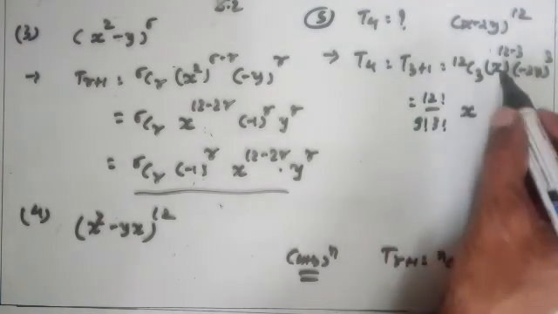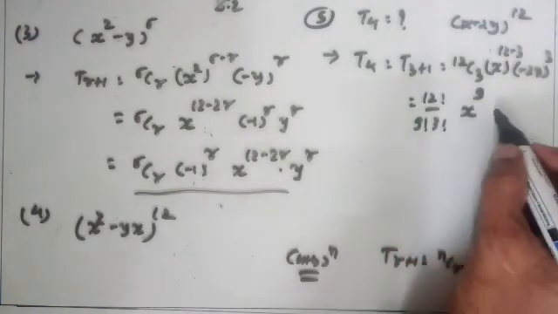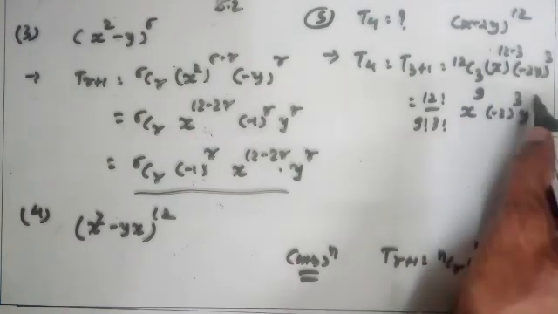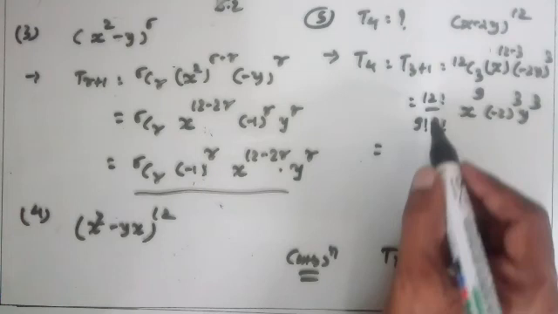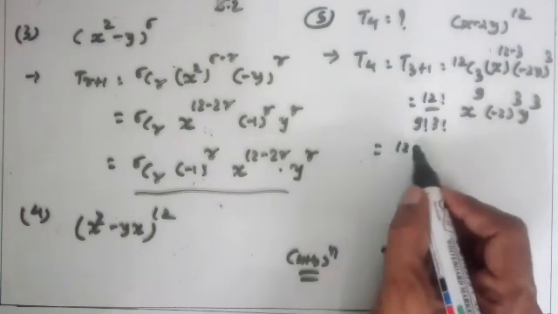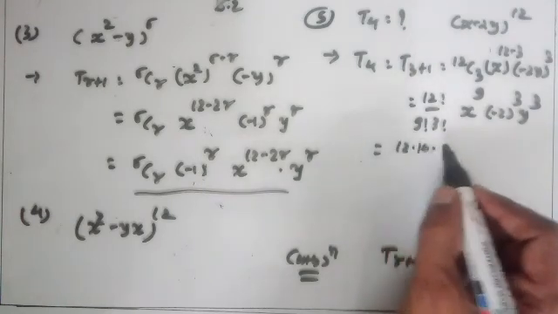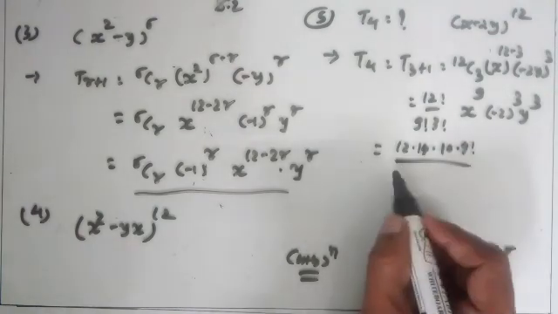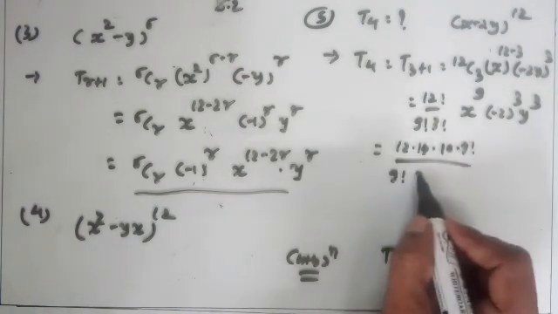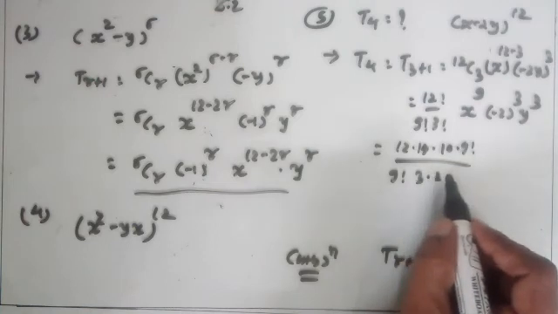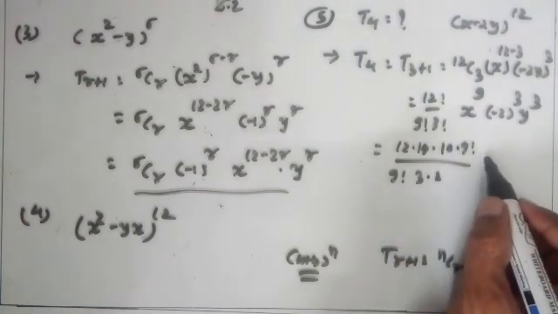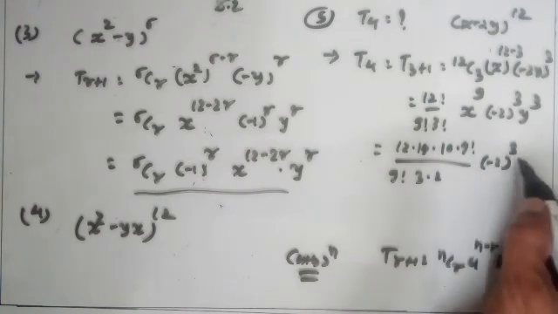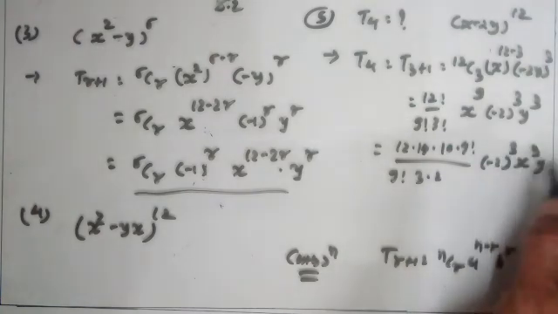Here x raised to 12 minus 3, that is 9, and minus 2 raised to 3 into y raised to 3. So it is equal to 12 into 11 into 10 into 9 factorial upon 9 factorial, 3 factorial, that is 3 into 2 into 1, into minus 2 raised to 3 x raised to 9 y raised to 3.